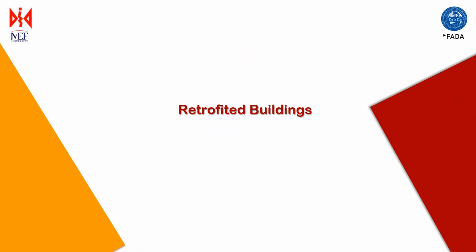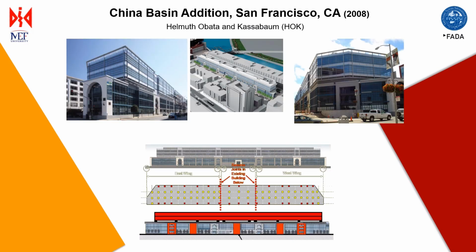Let's see two retrofitted buildings. China Basin Building in San Francisco, California, has an old building existing in the port and it has to be restored. And two more levels aimed at offices were added.